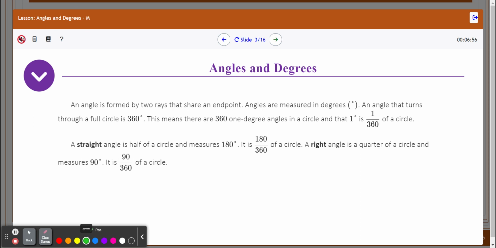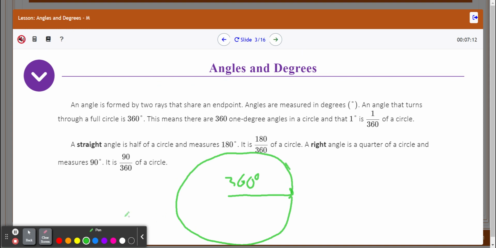Well, an entire circle is measured as 360 degrees. 360 degrees is a whole circle. If you go all the way around the circle, that's 360 degrees. Now, degrees are just fractions of that circle.